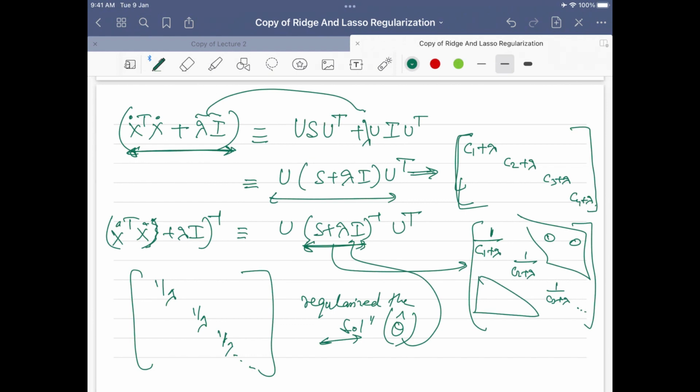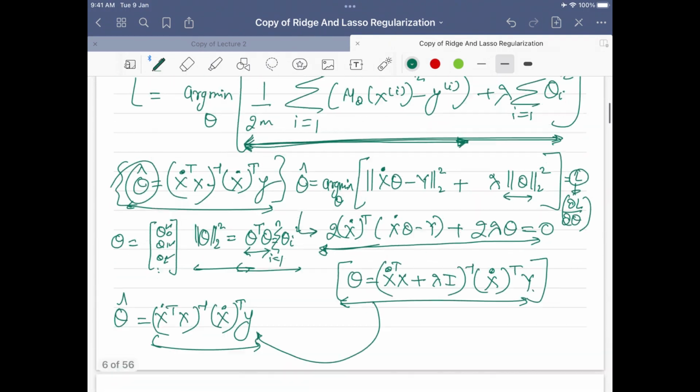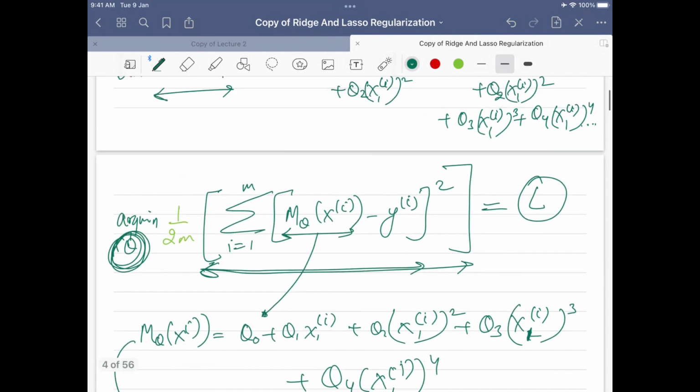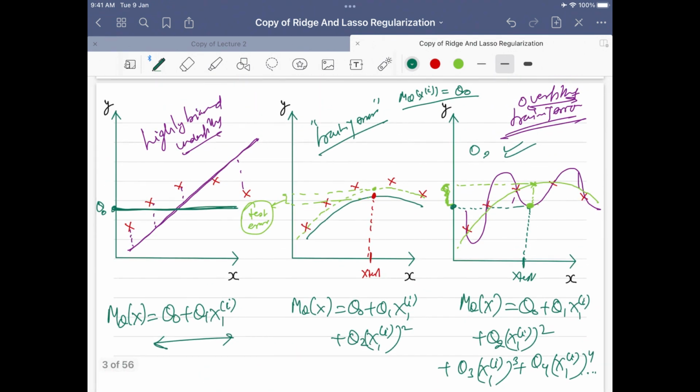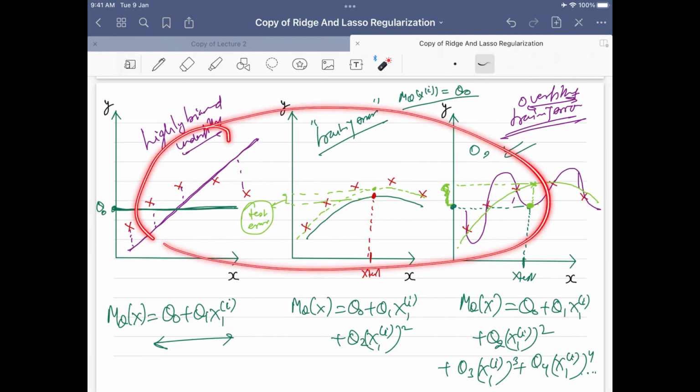So why are you using regularization in machine learning? This is the basic explanation for that. If anyone asks you why we want regularization, you can explain it in multiple ways. One of the ways is through this particular approach.